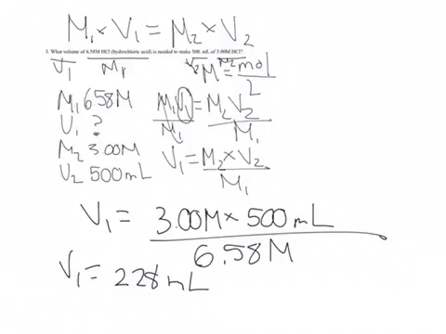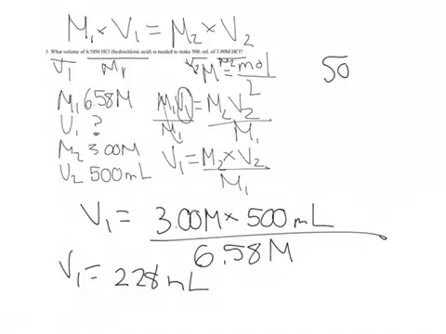So, in order to make our dilution, we would take 228 milliliters of the stock solution, and we would put it into a volumetric flask or a graduated cylinder, something that we can measure, and we would add water until we get to 500 milliliters to know that we've made our dilution.